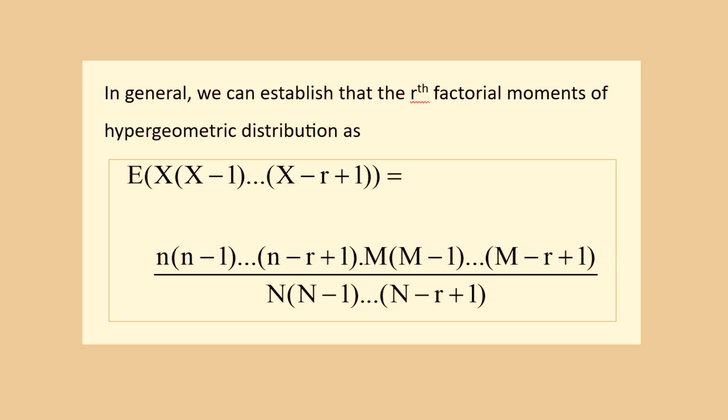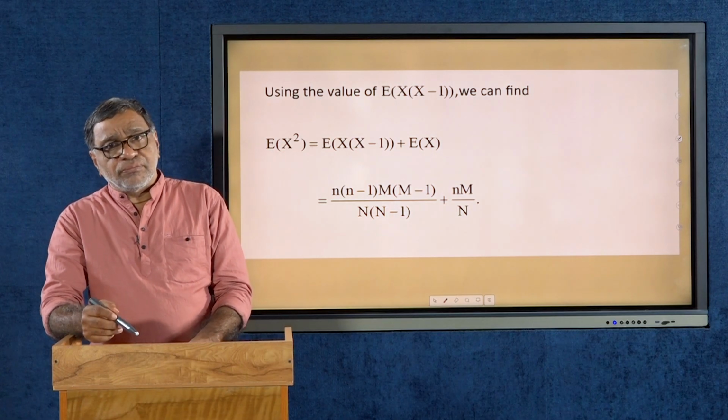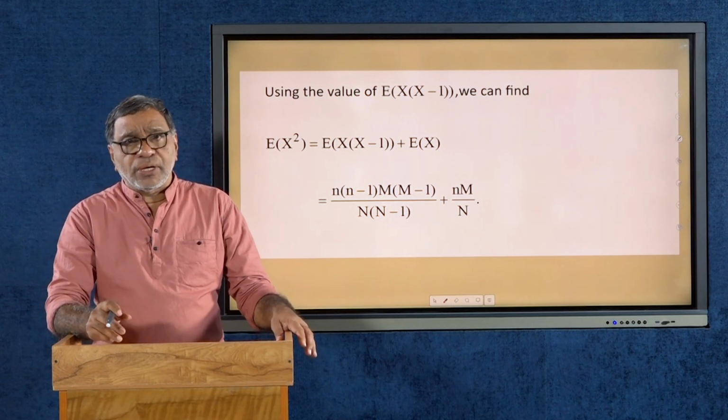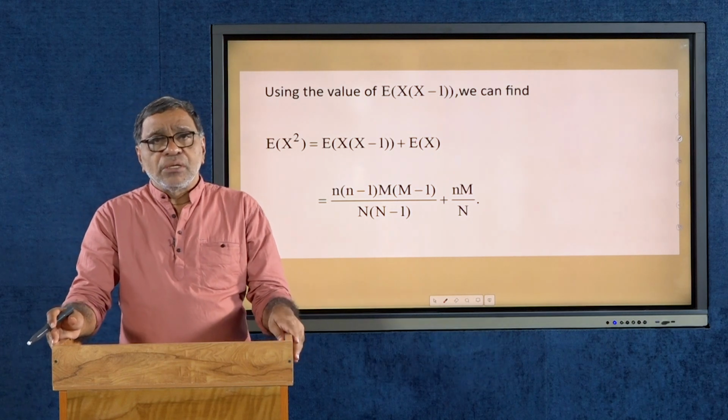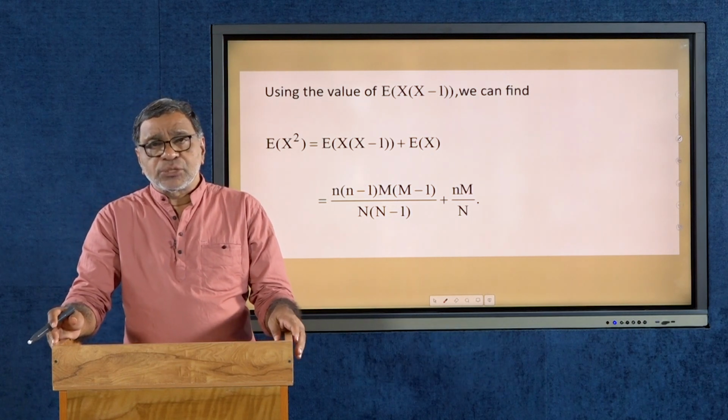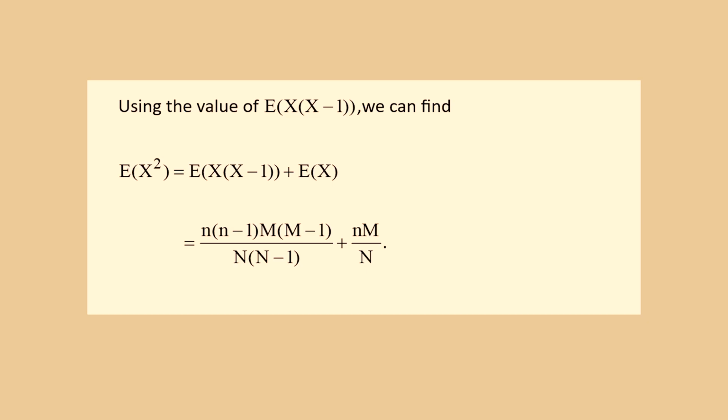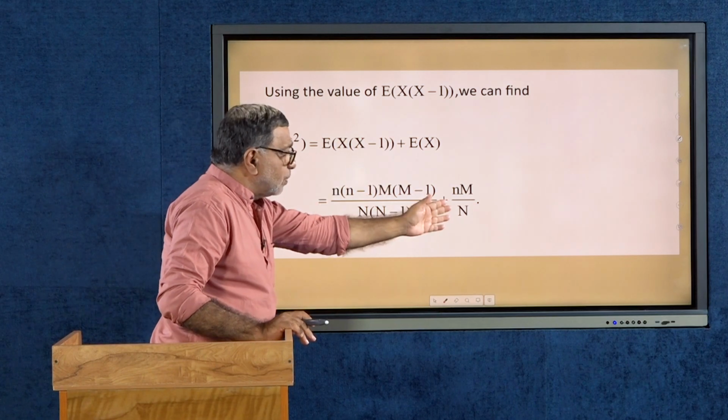These are very easily established, and the variance also we can find here, using the expectation of x into x minus 1 and expectation of x. Already we calculated the expectation of x into x minus 1, this one, and expectation of x, this one.